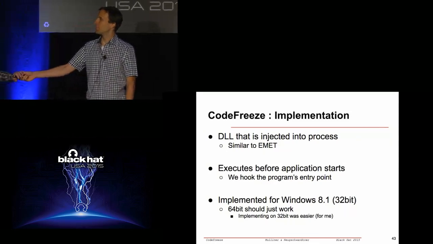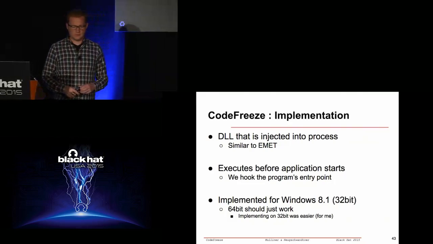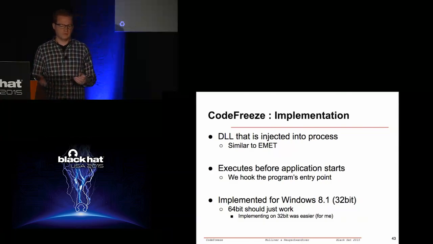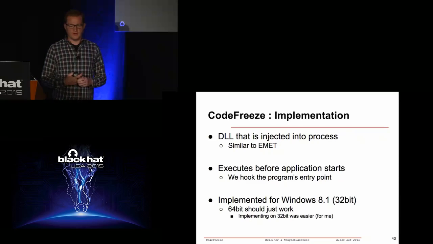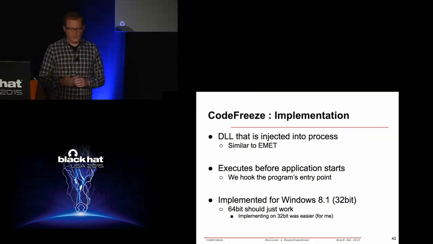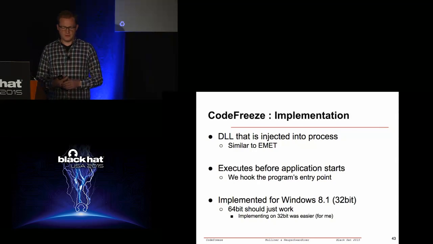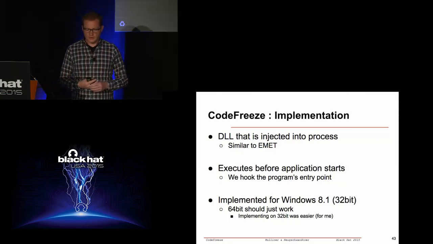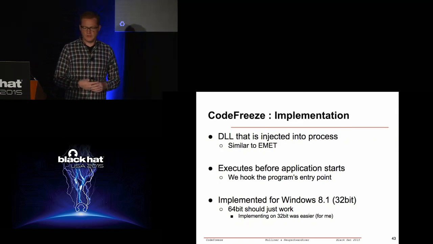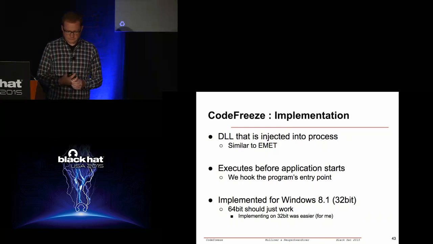Okay. So now we told you a little bit about the idea, some more details. And I'm gonna present you our actual implementation, and we're also going to show you some demos. So the basic implementation is the enforcement module. This is a DLL that is injected into the process, very similar to EMET.